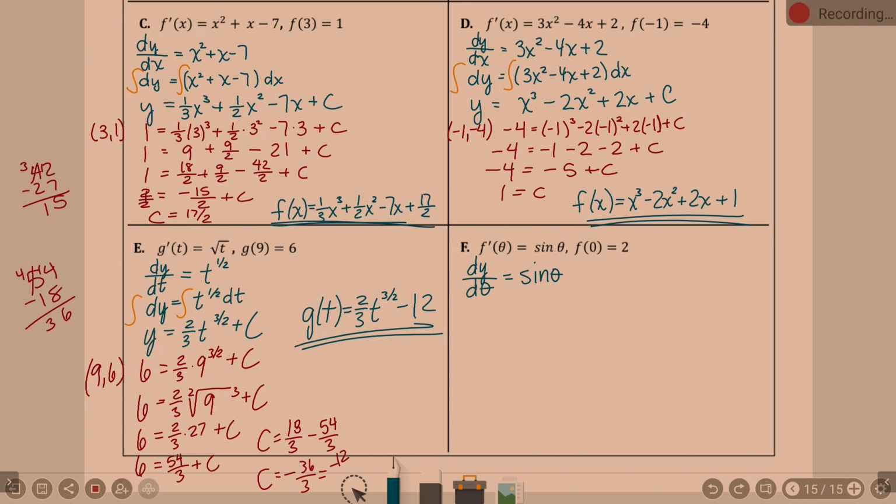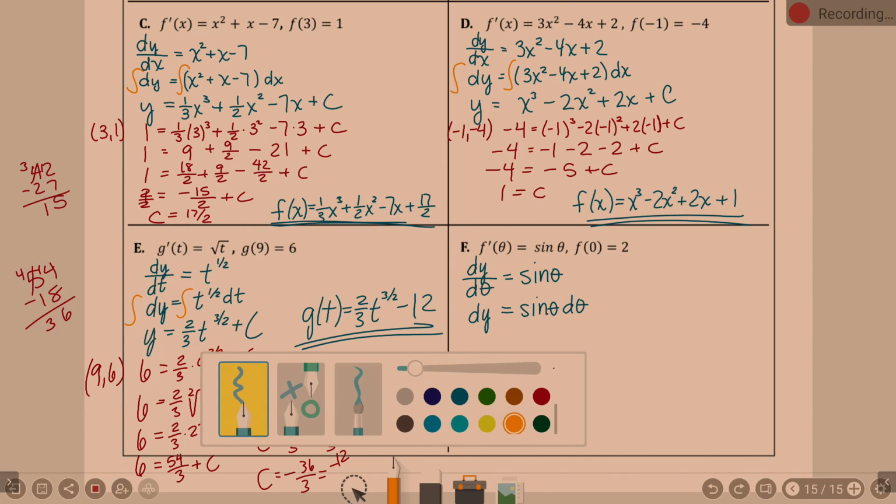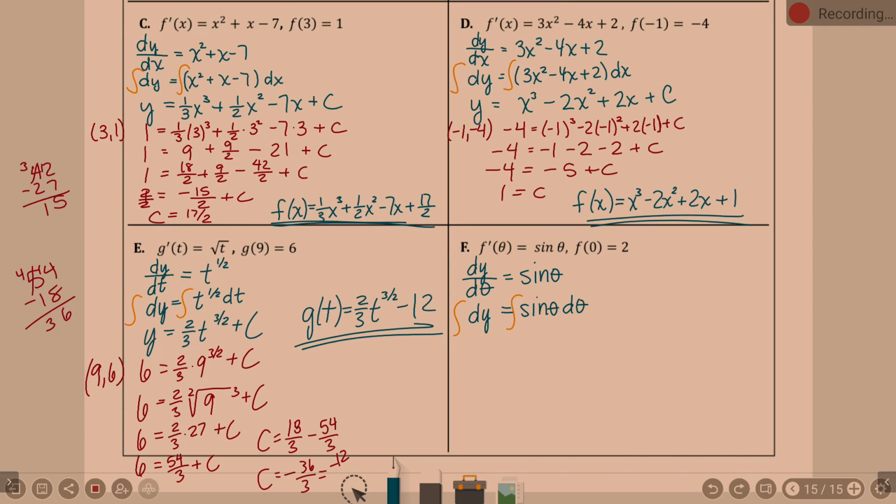Okay. So, dy equals sine theta d theta. We're going to integrate. I'll catch up with all you guys eventually. y equals the integral of sine, which is negative cosine, because the derivative of cosine is negative sine.